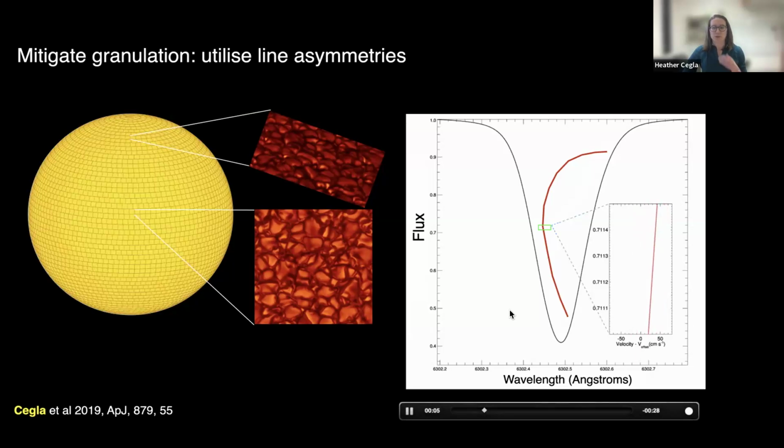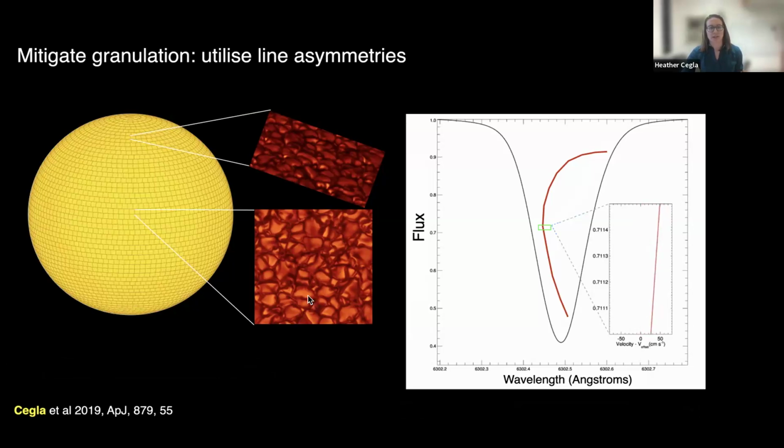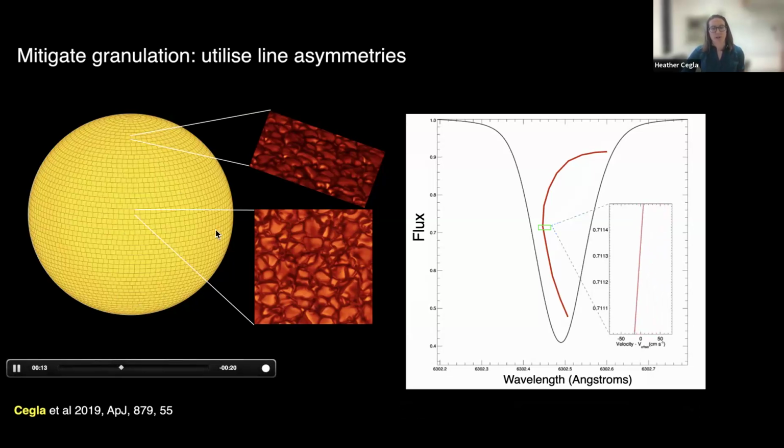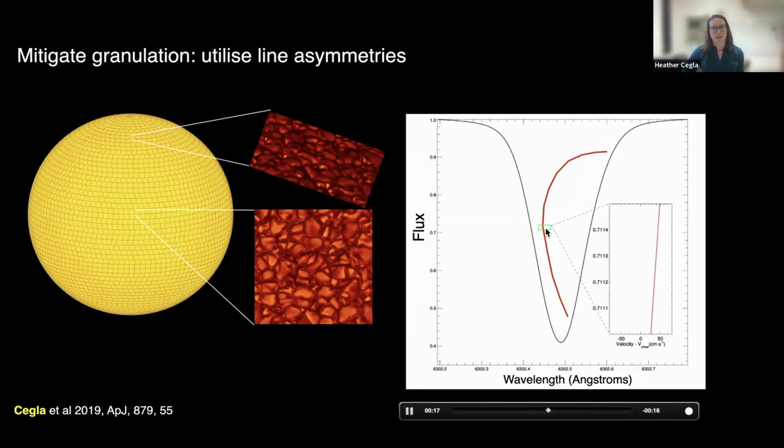And so I'm showing you here some old movies where we've got basically the 6302 iron line that we've populated throughout here, and we integrate up, and then you can see it should be bouncing around, but it's hard to see by eye. So I've overplotted the bisector, zoomed in by a factor of 30, I think. And so as a reminder, the bisector is you take horizontal slices and you grab the midpoint.